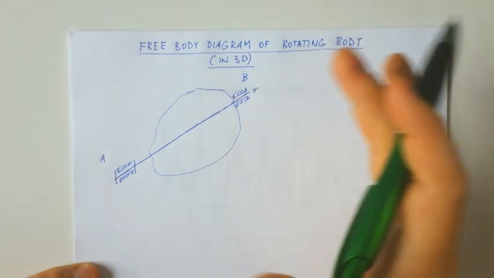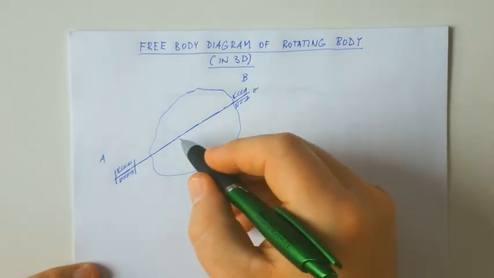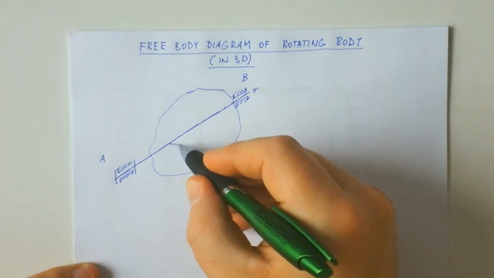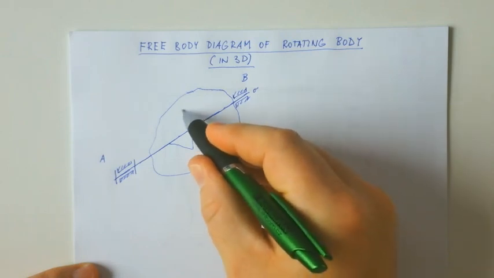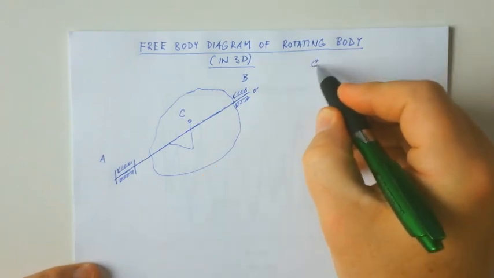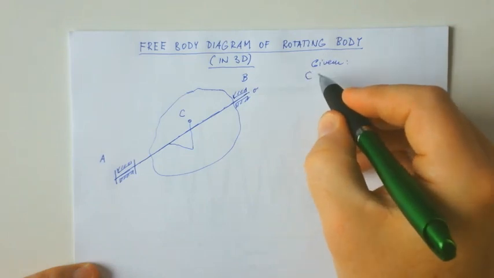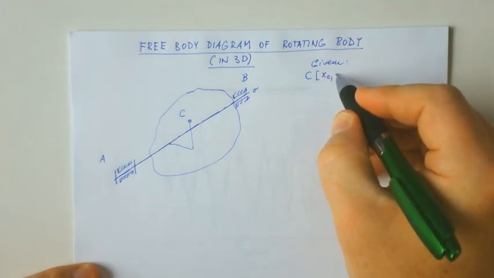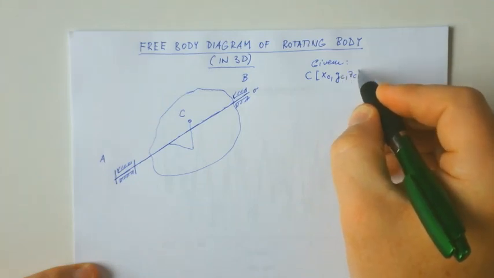The body is a very general case of a body, because let's say that, for example, the center of mass is somewhere in the space, in the volume of the body, and let's say that C is the center of mass with position defined by coordinates xc, yc, zc.